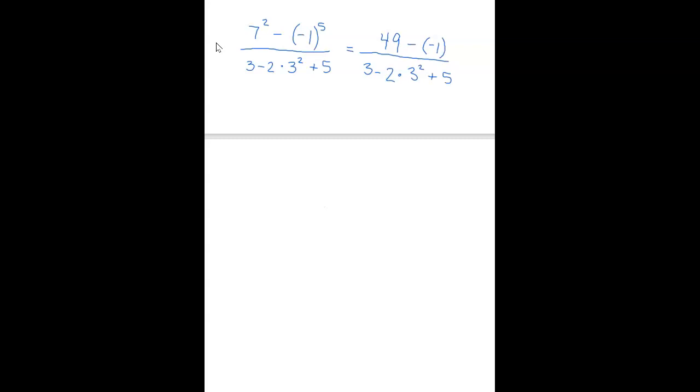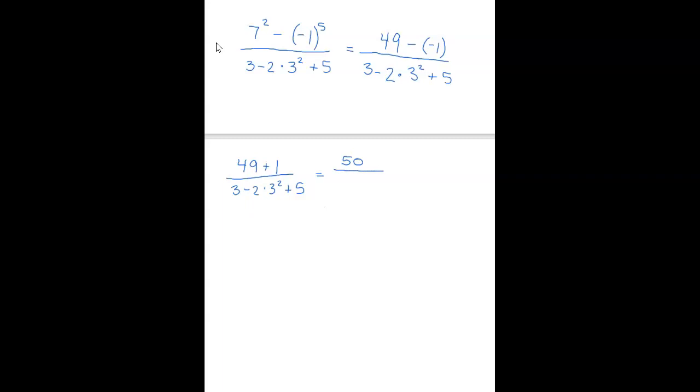All right. So taking a look at this, remember I've got my double negative here. So I've got my 49 plus 1 all over my 3 minus 2 times 3 squared plus 5. So I'm going to have a 50.